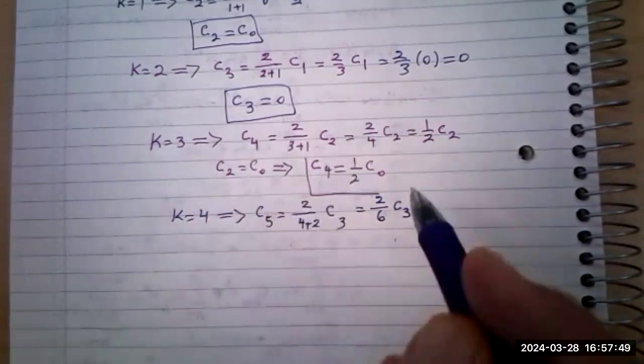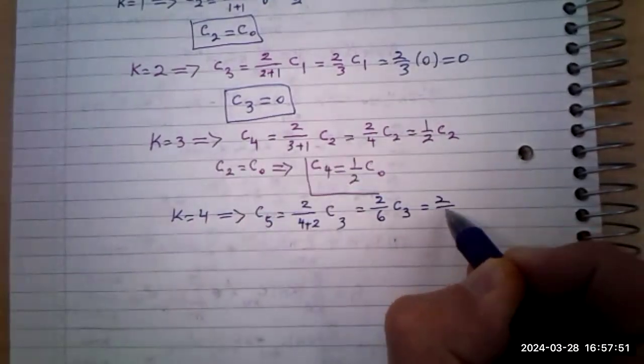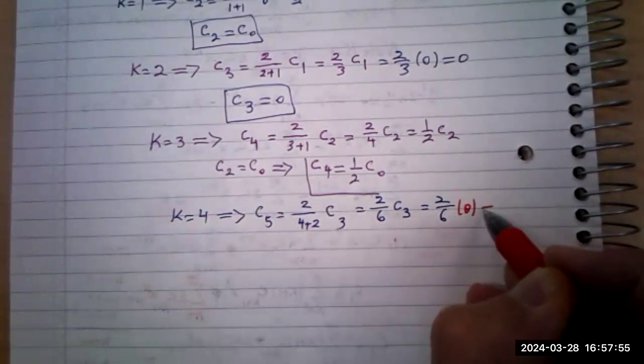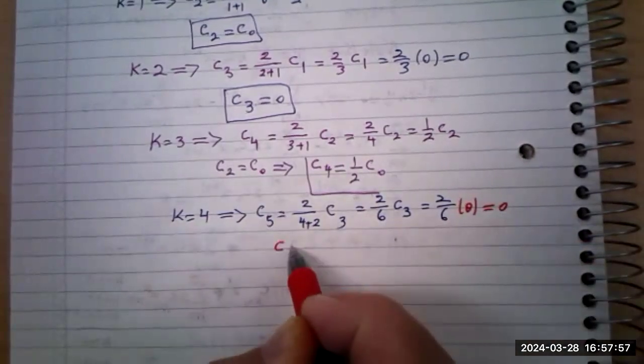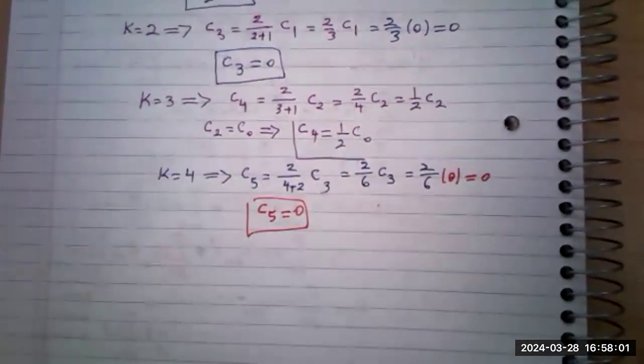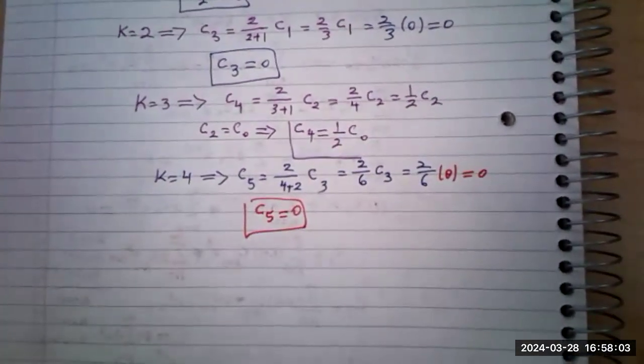C3 is 0, so 2/6 times 0, and the result would be 0. C5 would be 0. So that shows you that those odd indexes are going to be all 0.